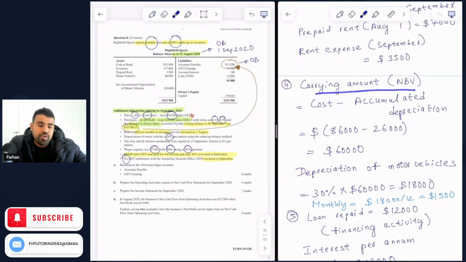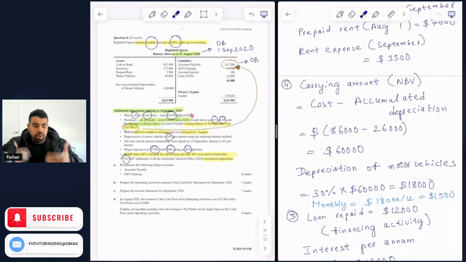That refers to the remaining economic benefit within the non-current asset that we could still consume for the purpose of generating revenue. Again, carrying amount or net book value at any given point in time refers to the economic benefit that exists within the non-current asset that we are yet to consume and help us generate more revenue.